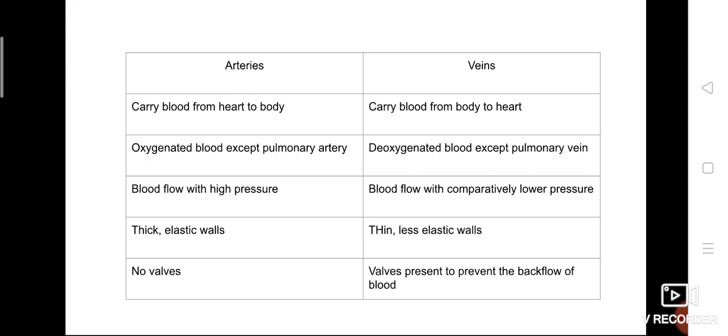Why? Because it carries blood from the heart to all body parts, so the pressure should be very high. But in veins it is somewhat low compared to arteries. Arteries are thick, veins have thin walls. Both are elastic. In arteries, no valves are present. Here, valves are present. Why? To prevent the backflow of deoxygenated blood.